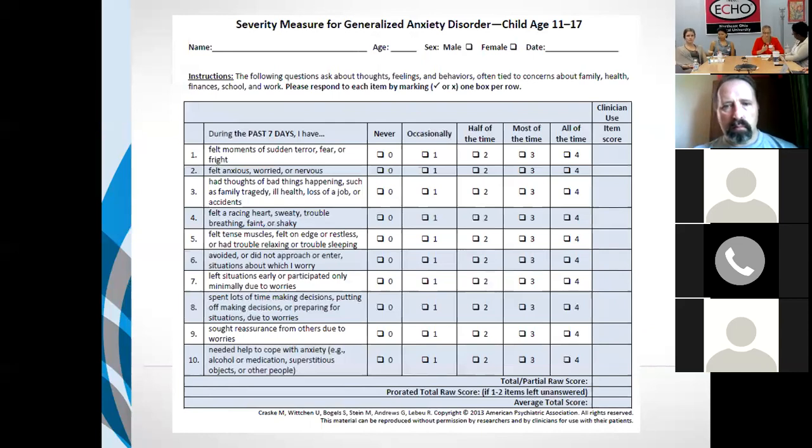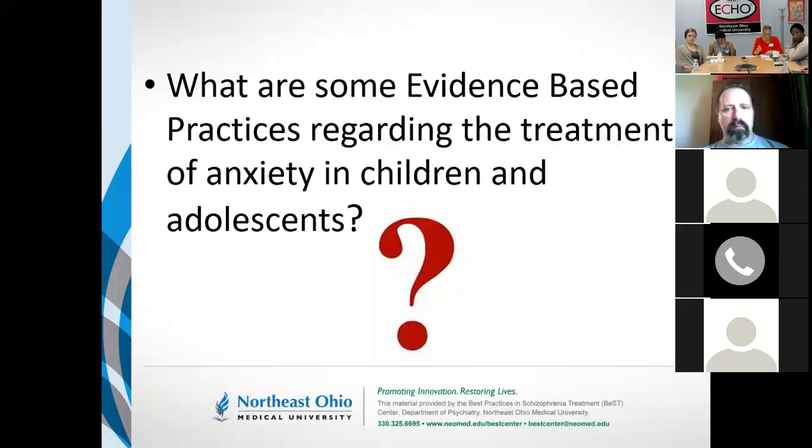For this one, they rate the symptoms from the past week on a score of 0 to 4, and then the score is totaled and divided by 10. A score of 0 is none, 1 mild, 2 moderate, 3 severe, and 4 extreme.